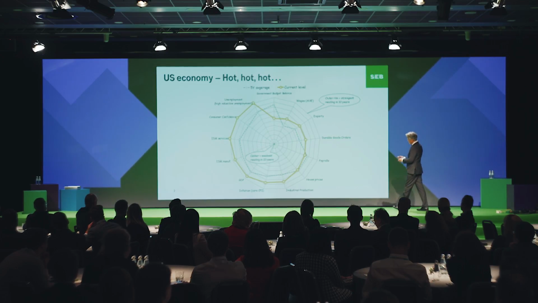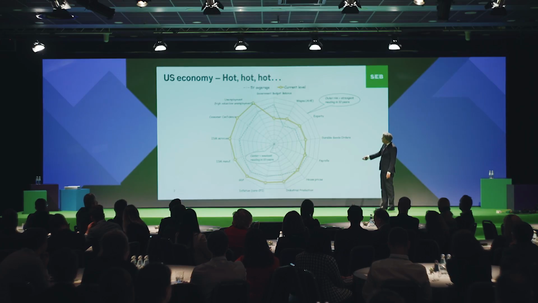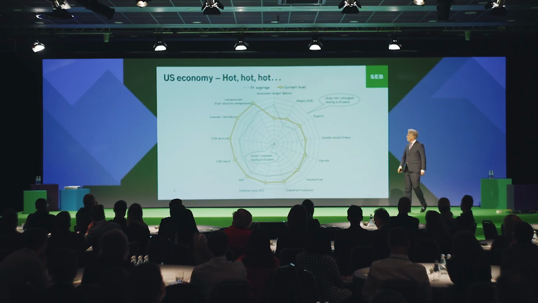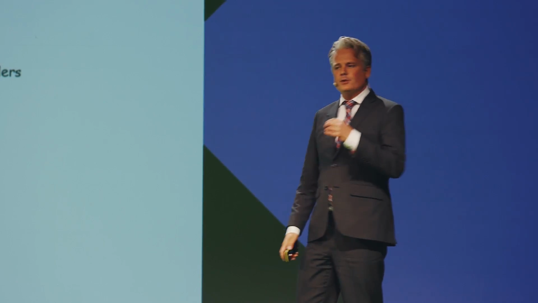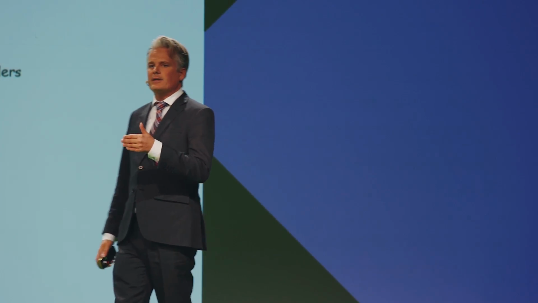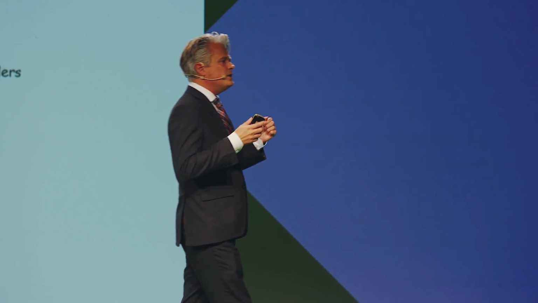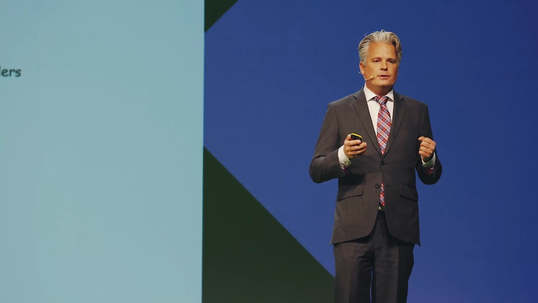So obviously you can see that there is a lot of strength in the US economy as of today. The weakness is, well, the budget is weak and also wages are not increasing as fast as you might expect given how tight the labor market is. But overall, the US economy is doing very, very good at the moment.